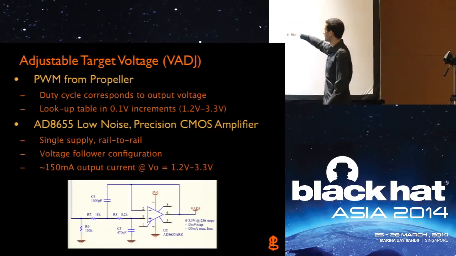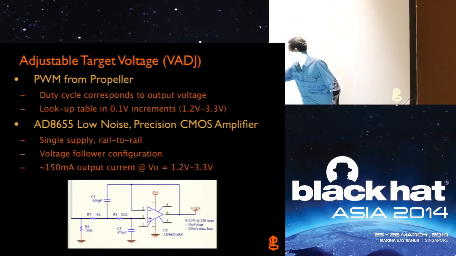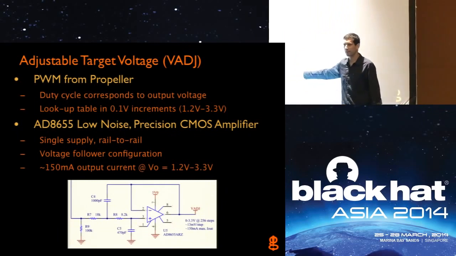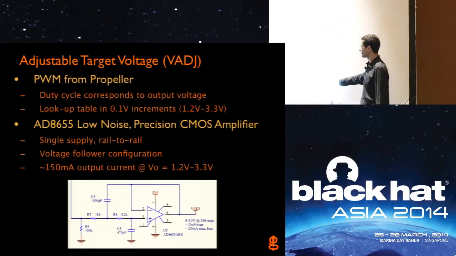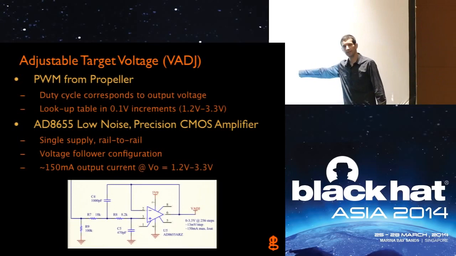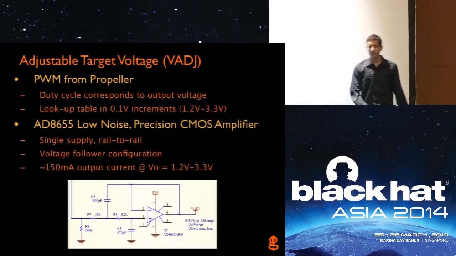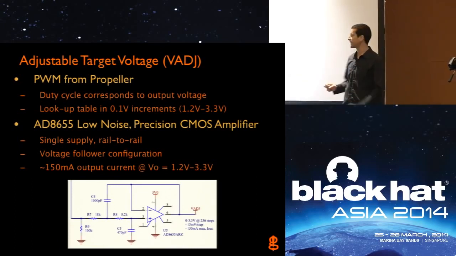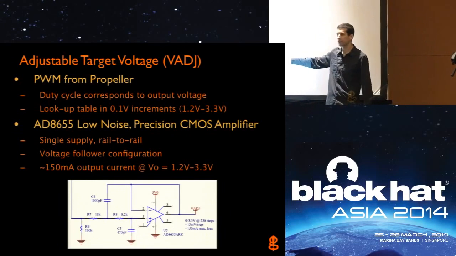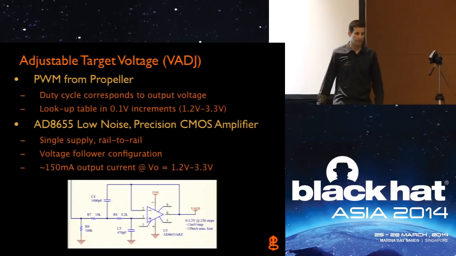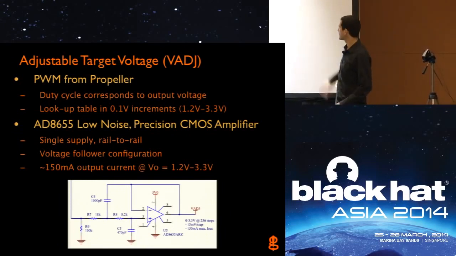The way that works is I have an RC filter going through an op amp buffer to provide the voltage. We really don't even need the buffer, but it provides a little bit of isolation and also gives us additional output current, because that op amp can provide about 150 milliamps.